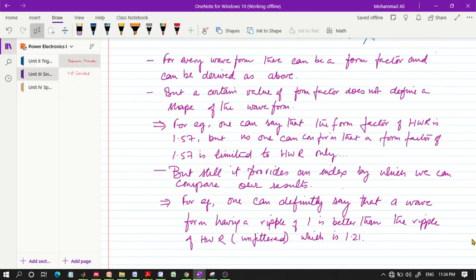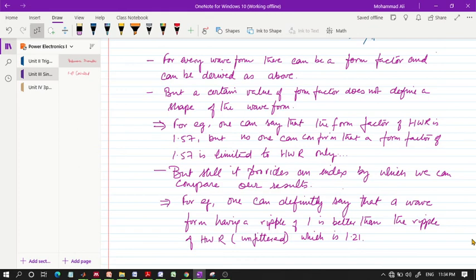What do we mean by this? For example, if we are having a waveform that contains harmonics and different components, or it has certain wave shape, so using that wave shape we can derive its form factor. But if somebody says that the form factor of a certain wave is 1.21 for example, can you draw this wave? There can be infinite number of waves that can have a form factor of 1.21.